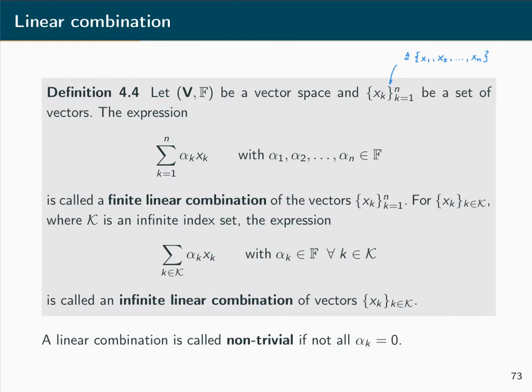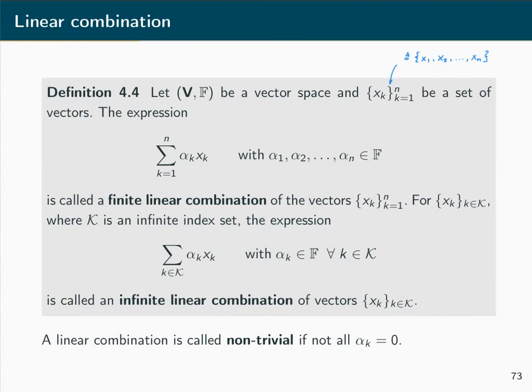An expression that sums up these vectors, where each vector gets multiplied by a corresponding scalar, is called a finite linear combination of the vectors in this set.